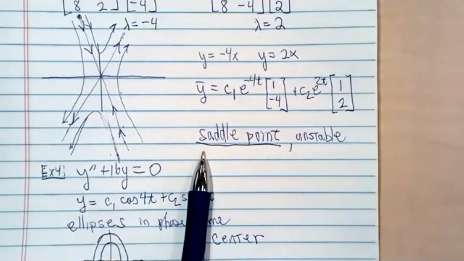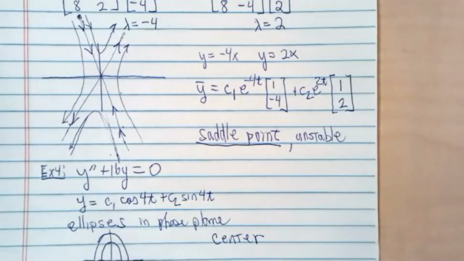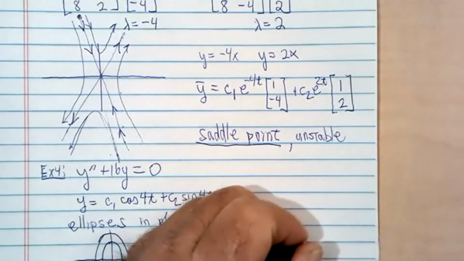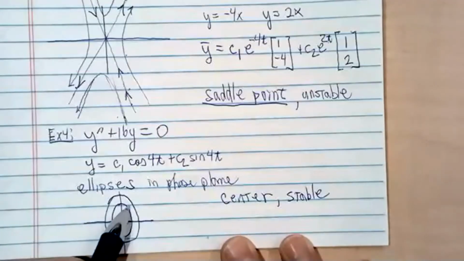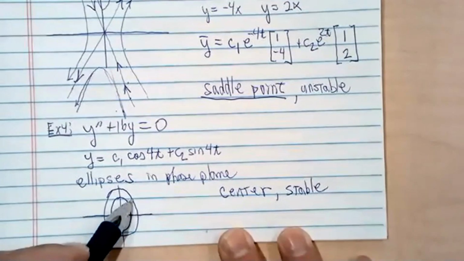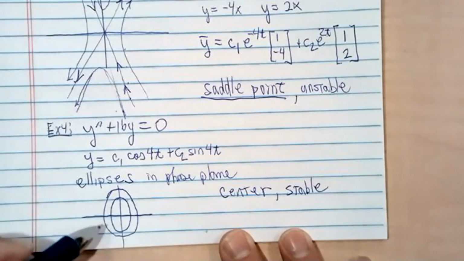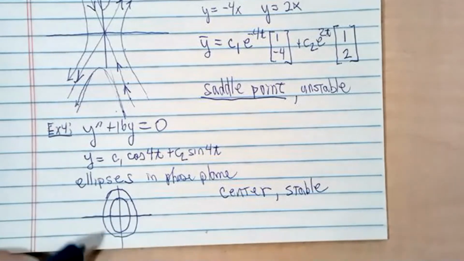So we've had nodes that are stable, nodes that are unstable, a saddle point, which is always unstable, a center, which of course is always stable. The idea is that once you pick a point on the plane, and let's say it rotates clockwise, then once you pick a point, you stay on that curve.